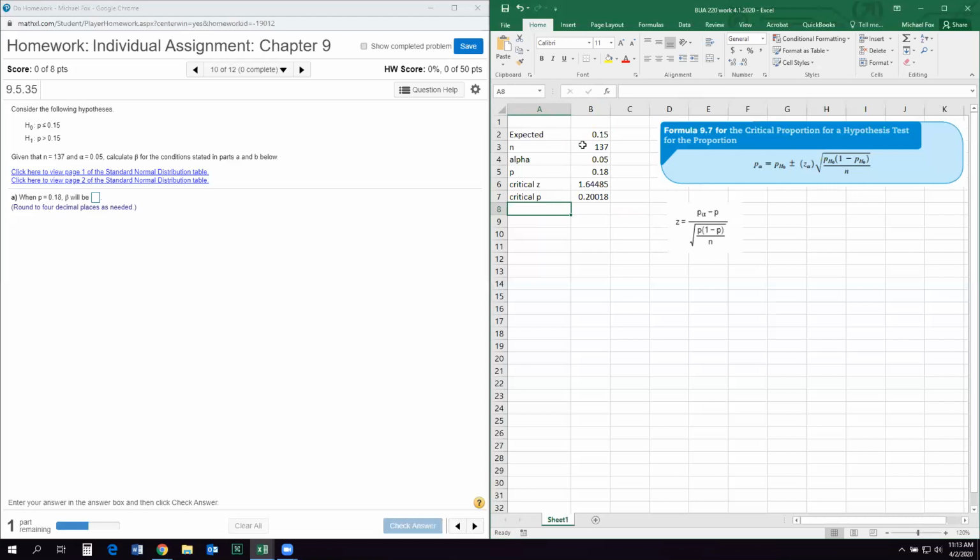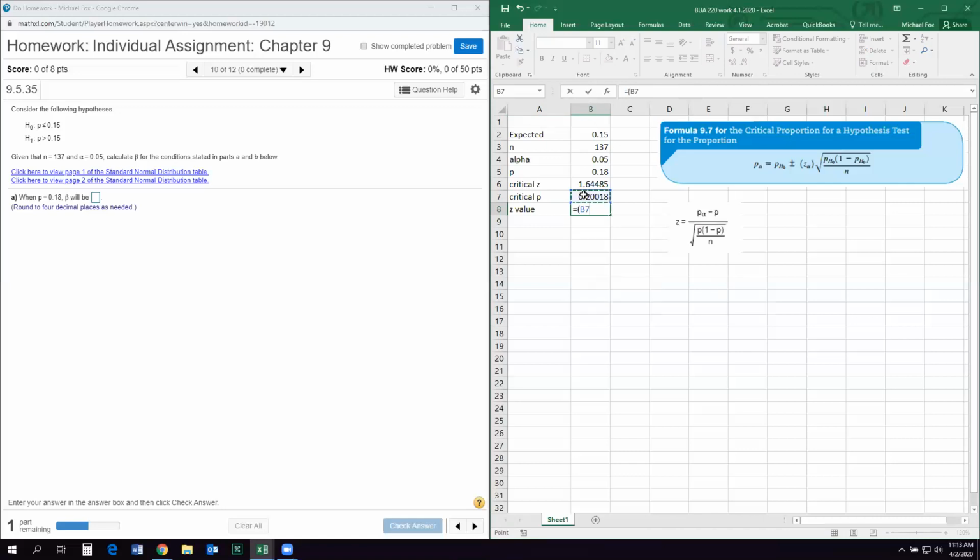The next thing I need to do is find my z value given this value of P. So I'm just going to call it the z value. And that is going to equal, so it's this formula here, my critical P. Actually, let me put that in parentheses.